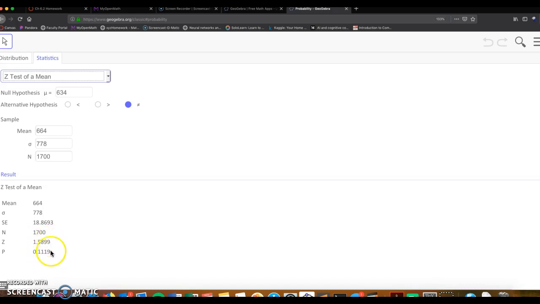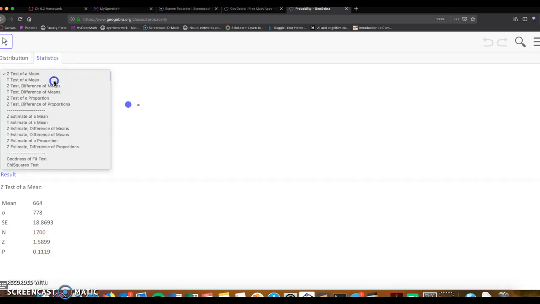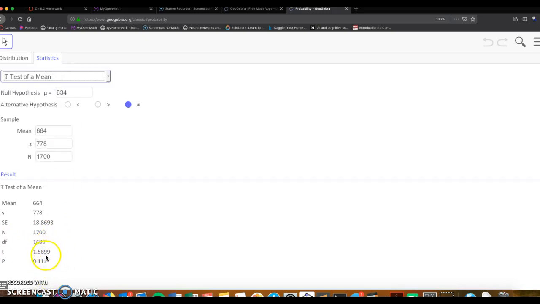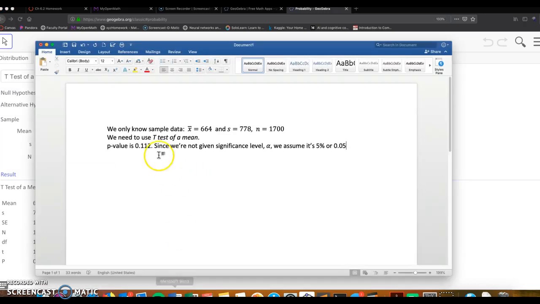Round this to 2 decimals: the test statistic and the p-value are identical if you round to the correct decimals. So if you have a very large sample size, let's say more than 1,000, it doesn't matter whether you use z or t. But if you think that's going to confuse you, just go with the idea that if we only know sample data, then you're looking at a t-test.